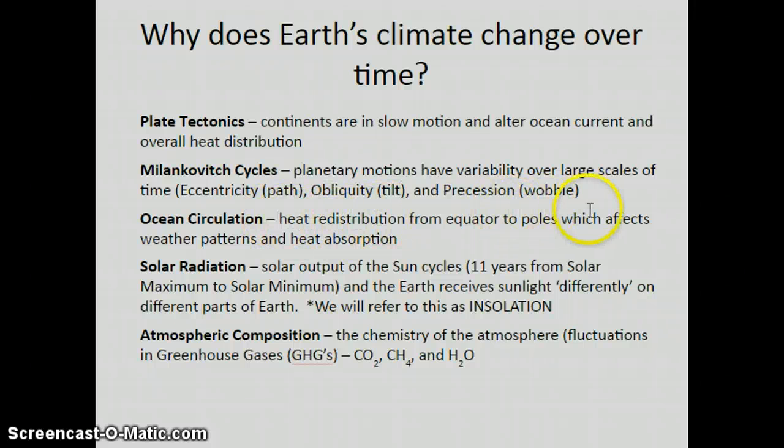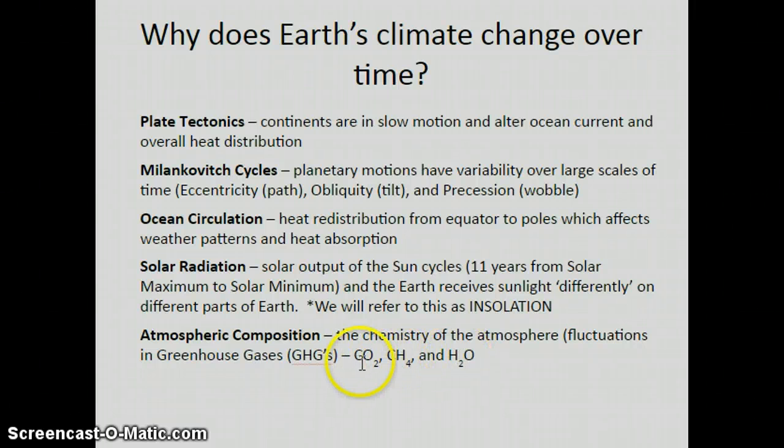We've got ocean circulation: heat redistribution from the equator to the poles affects weather patterns and how much heat is absorbed. We've got solar radiation. The sun cycles in about 11-year periods, and we can refer to this incoming sunlight as insolation, incoming solar radiation. And last but not least, atmospheric composition. This is the chemistry of the atmosphere, where we have fluctuations in greenhouse gases, in particular carbon dioxide.